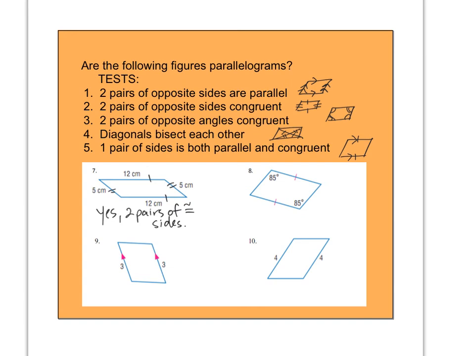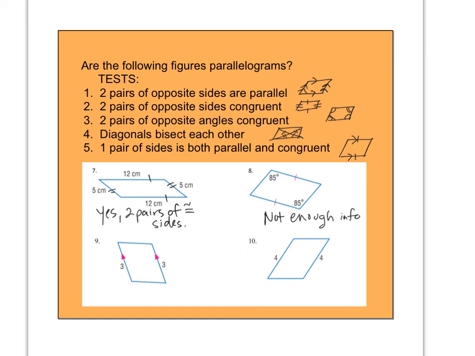Do you think there's enough information to know if it's a parallelogram? The answer is not enough info. Because I only have one pair of congruent sides and one pair of congruent angles, and I need 2. I need either 2 sets of sides or 2 sets of angles.